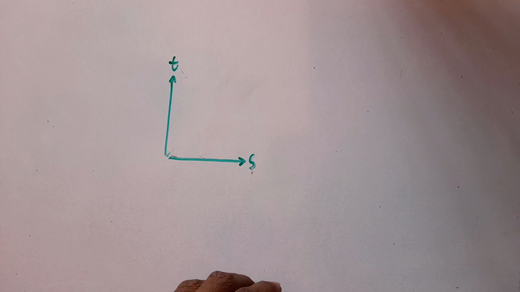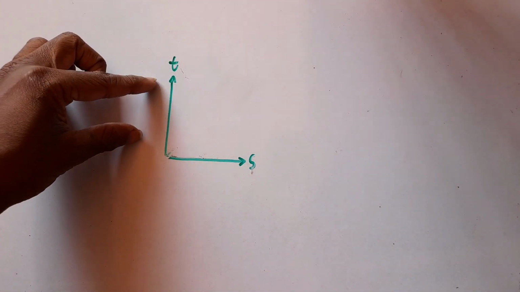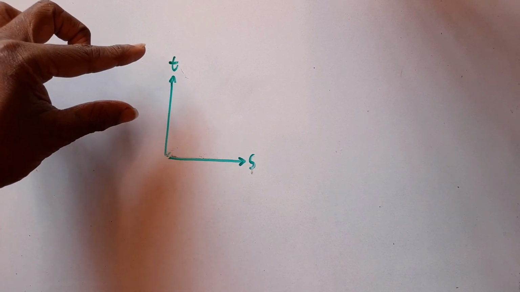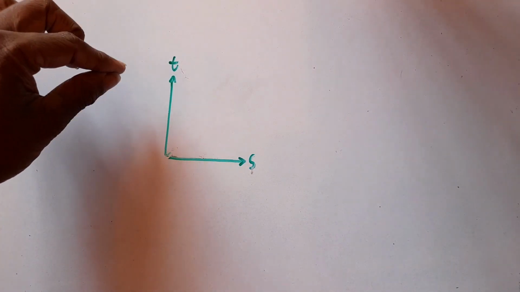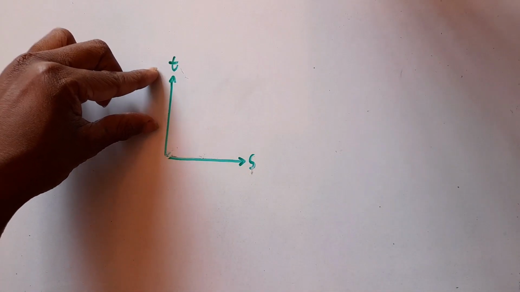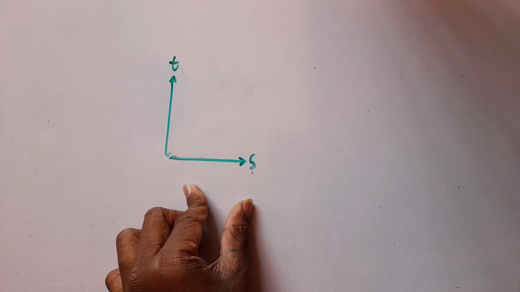So we're going to stretch out the time axis by a factor of the speed of light to bring it to the same measuring unit as this axis.